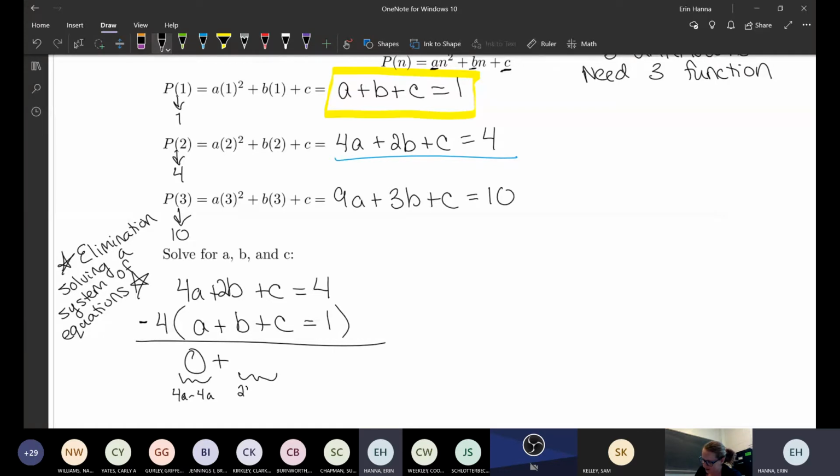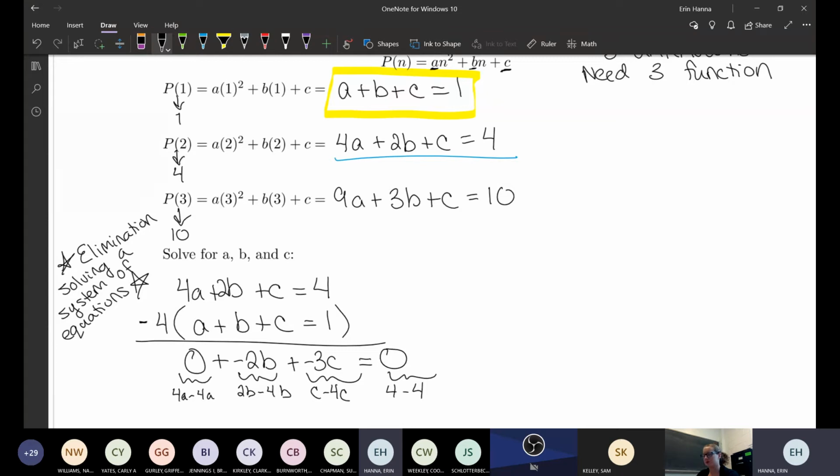Then we'll have 2b minus 4b, because that 4 goes to each one of those terms. So that'll give us minus 2b. And then we'll have c minus 4c, so minus 3c, and equals 4 minus 4, so 0.